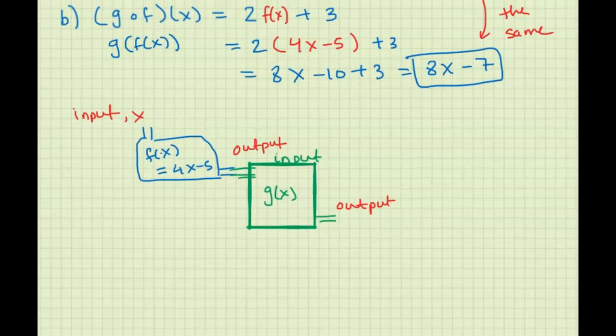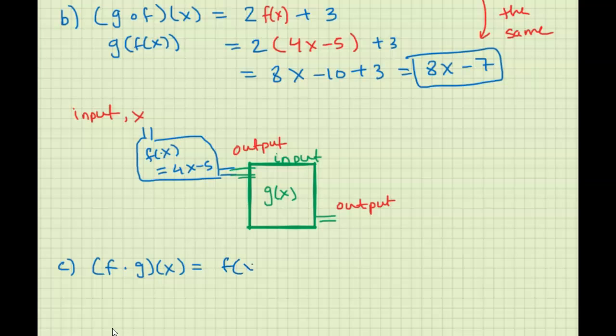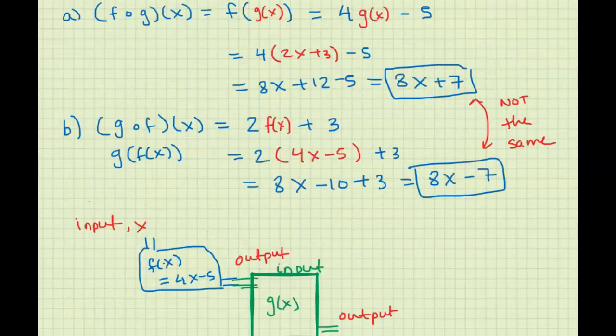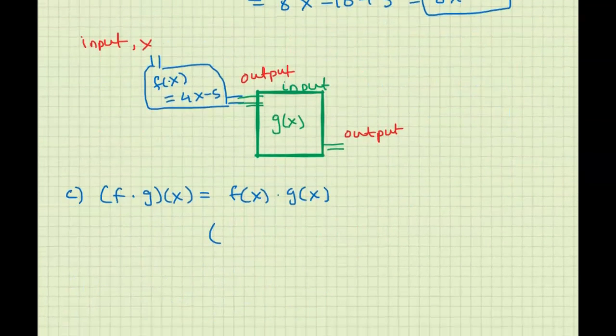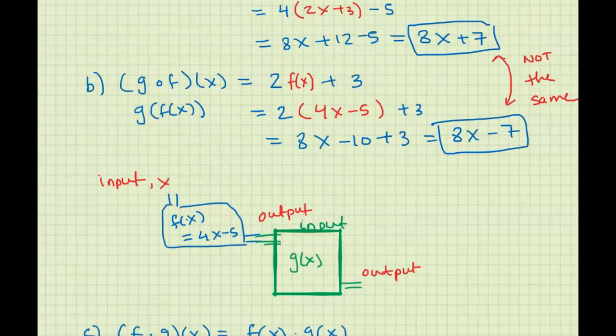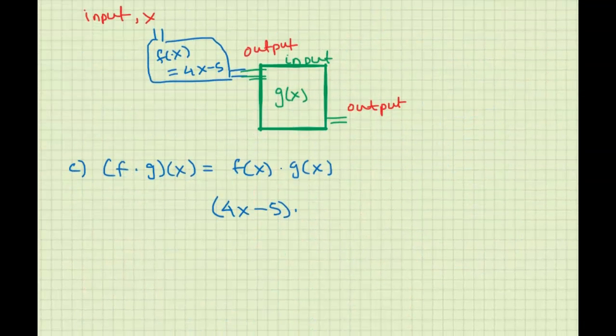So let's do f times g of x. This means that you're taking f of x times g of x. f of x was 4x minus 5 times g of x, which is 2x plus 3.